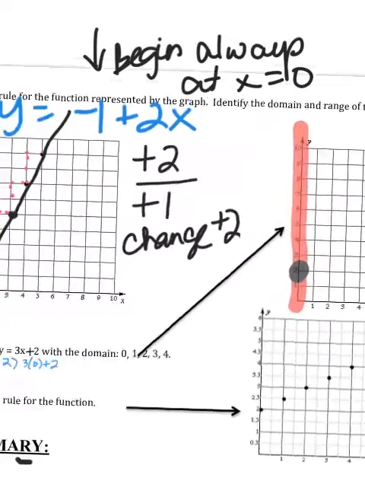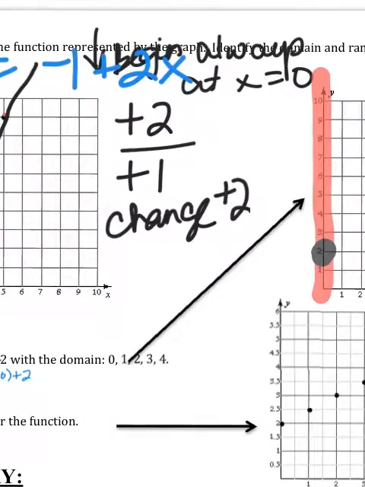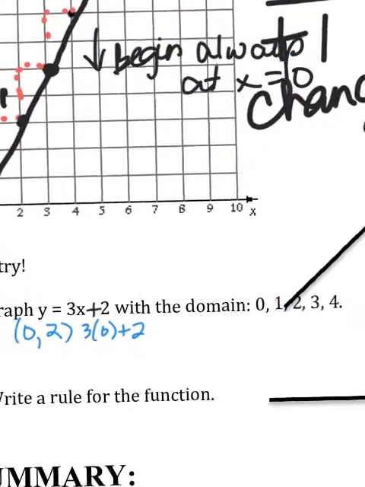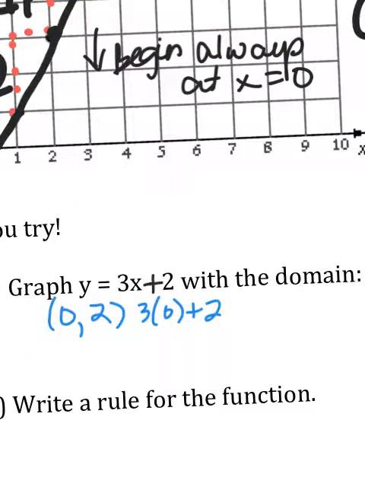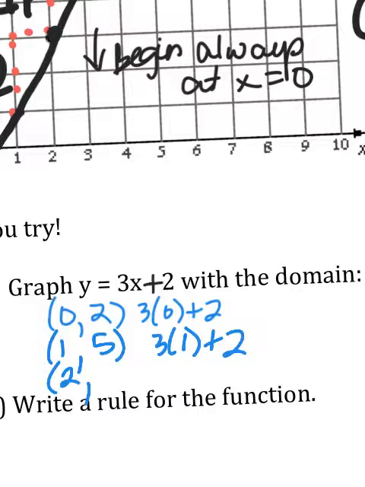Okay? Now, I'm going to plug in 1 and figure out what I get. When I plug in a 1 to the machine, I have 3 times 1 plus 2. 3 times 1 is 3 plus 2 is 5. Let's figure out another point while we're here.